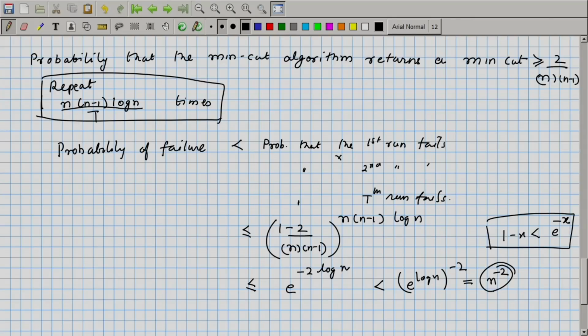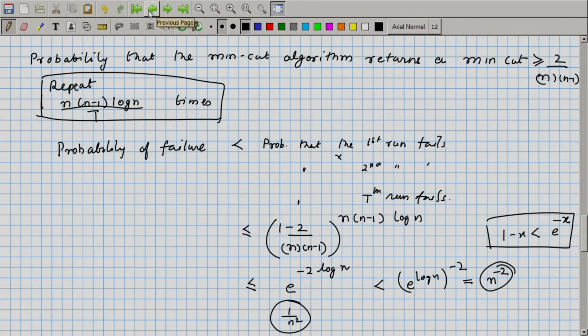Earlier we had the success probability greater than something; now, by repeating the algorithm, we have shown that the failure probability is less than 1 by n square. So, that concludes our analysis of the minimum cut algorithm.